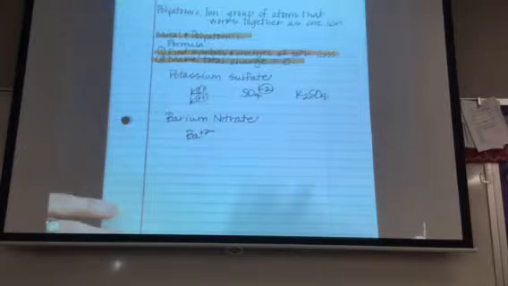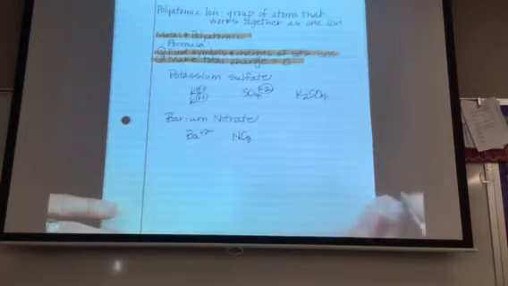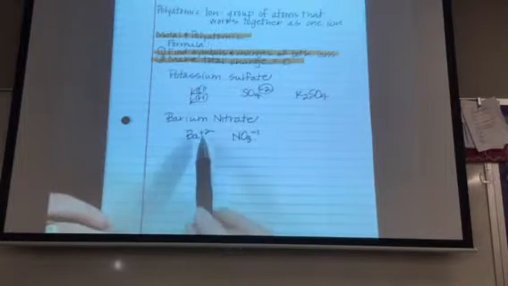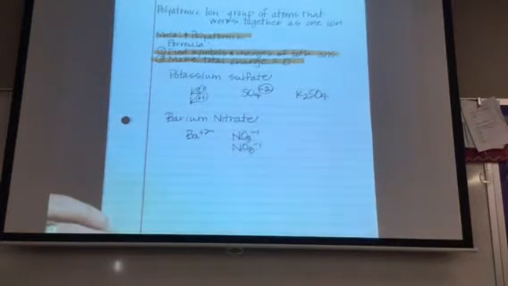NO3. And what's the charge on that NO3? -1. Does this total 0? Nope. What do I need more of? The nitrate. So if I put another nitrate on here, does it total 0? Yes, it does.